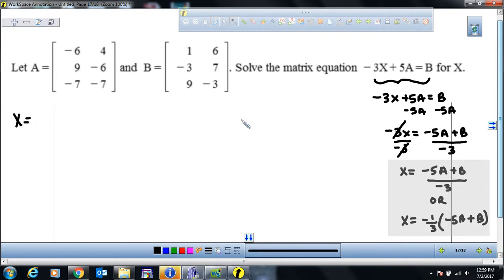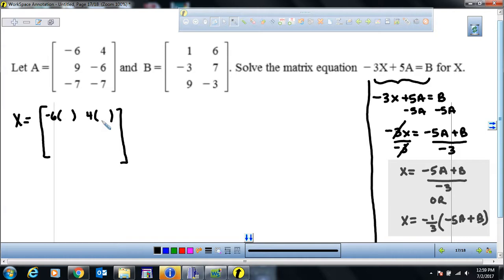So I'm going to set everything up right here on the side. So it would be X equals negative 5A. So that's the first thing we are going to do. Multiply everything in A, which is negative 6, 4, 9, negative 6, negative 7, and negative 7, by negative 5.